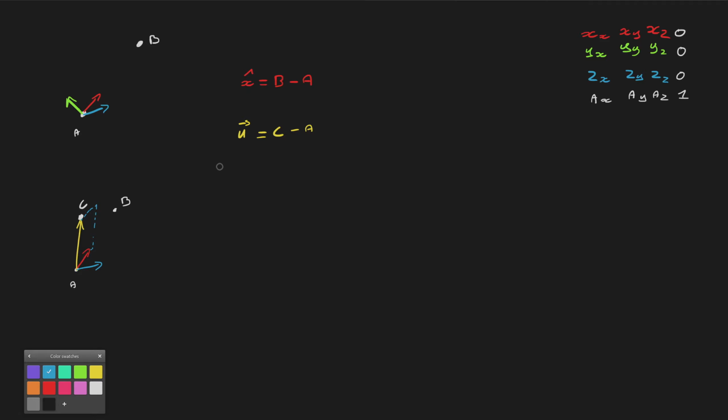That's fine. The way you define a normal is using the cross product operation. So we could have any two vectors on that plane and do the cross product between those two vectors, and we would get our Z vector. So the cross product is simply our X with the vector U. And that's pretty much it.